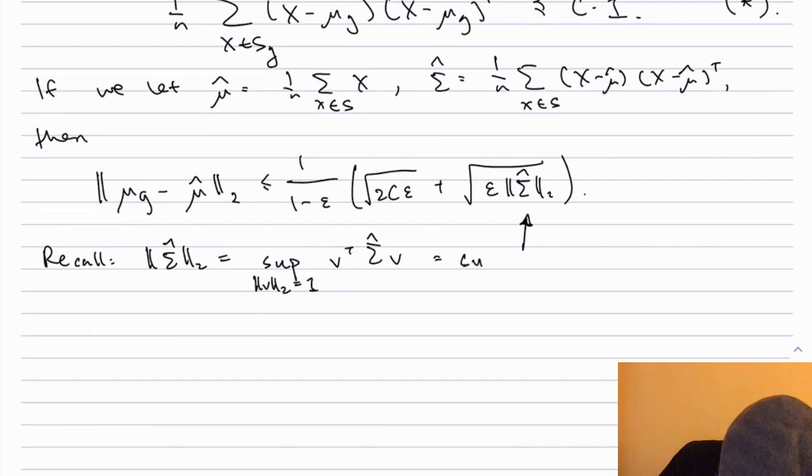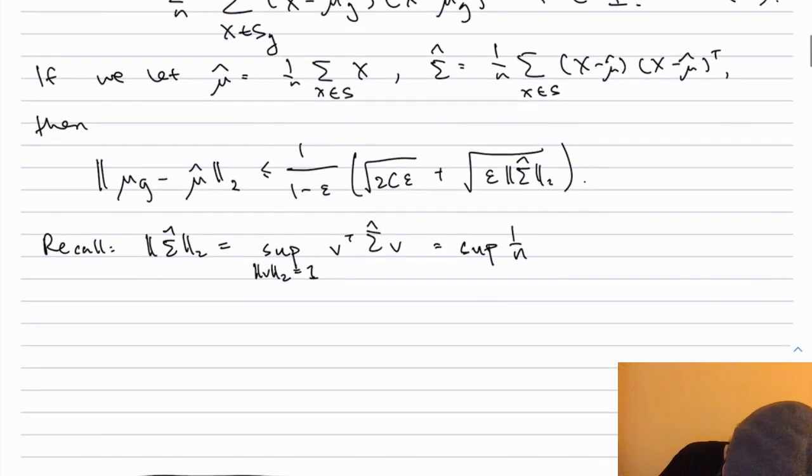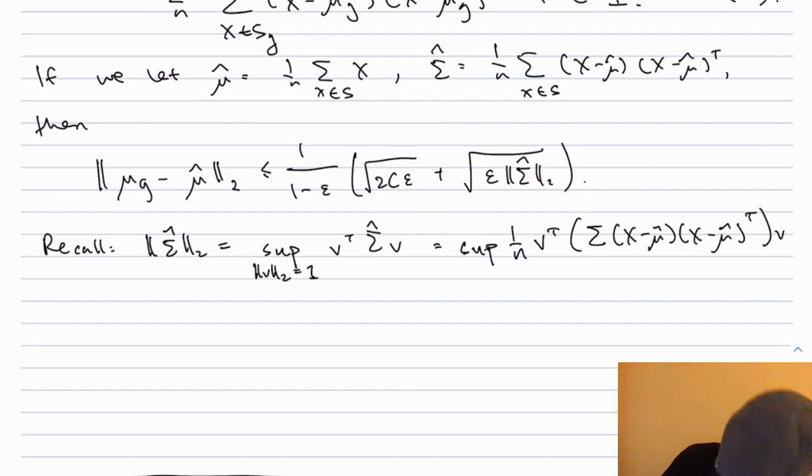So I can rewrite this as sup over the same set of 1 over n times V transpose times the sum of x minus mu hat, x minus mu hat transpose V. This sum is over S. And I can just bring the V's inside.